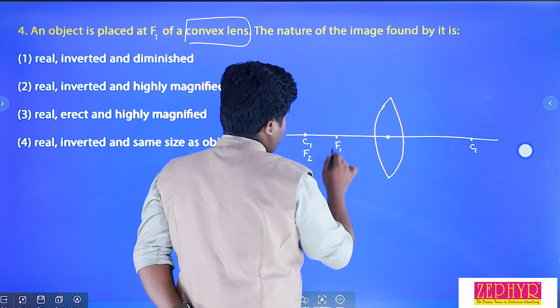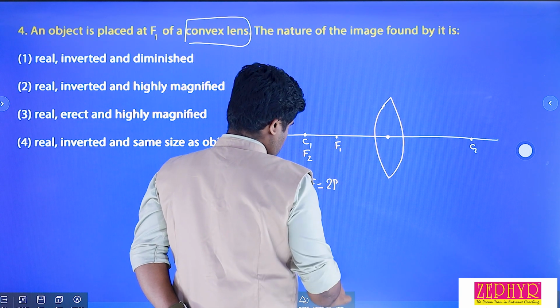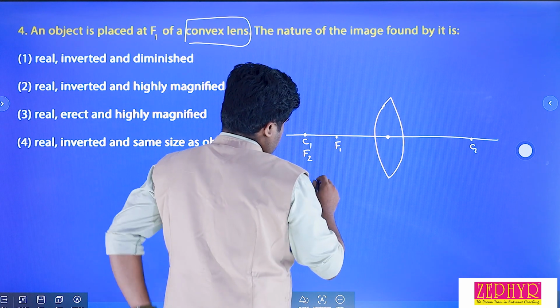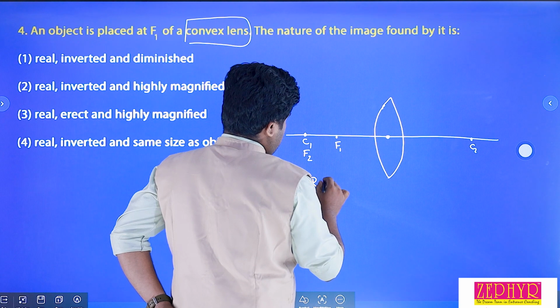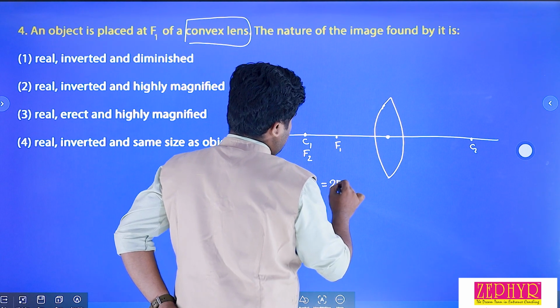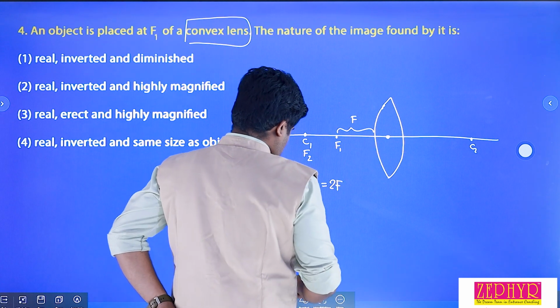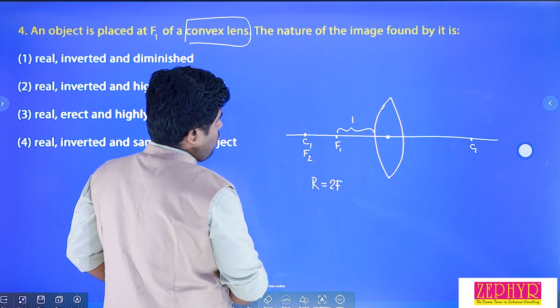Here R is equal to 2f. This distance is known as the focus, the focal length.